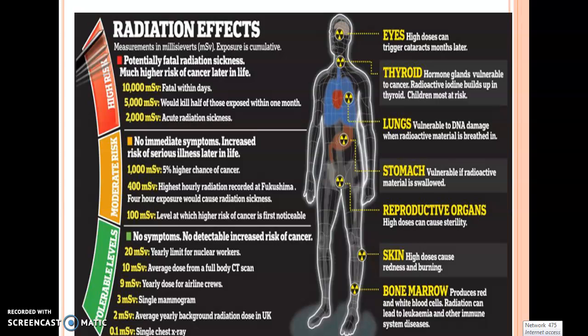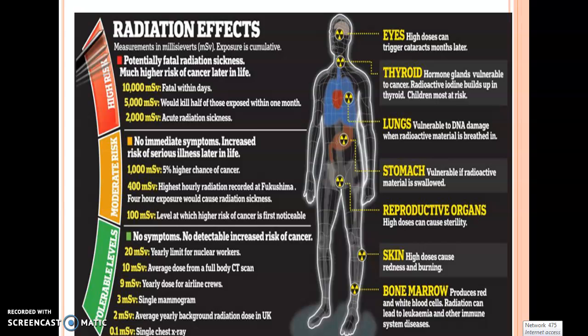On the right-hand side, a model of the human body is given, with points such as the eyes, thyroid, lungs, stomach, reproductive organs, skin, bone marrow, etc. These are the points where the body is more susceptible or vulnerable to radiation. The other points are also susceptible, but the dose effect is slightly less. The tissue weighting factor for these parts of the human body is very large.